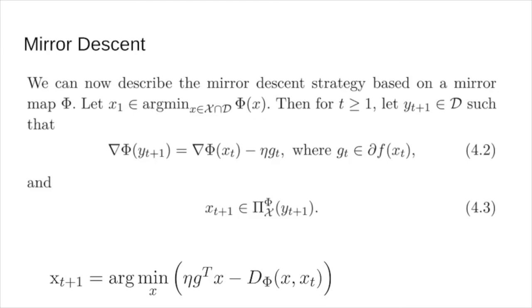But for the proof, this is projected mirror descent, and it's a little bit more like how you write out projected gradient descent, where first you get a new point by following your gradient, and then you project it back into your space. So those are those two lines. The projection happens by finding the point with the smallest Bregman divergence between where you are and a point that's actually in the space that you're considering.